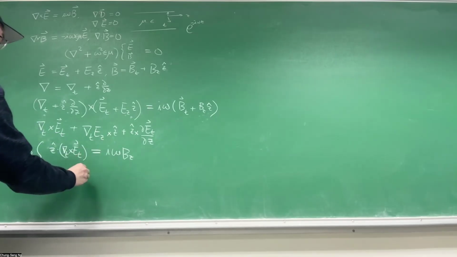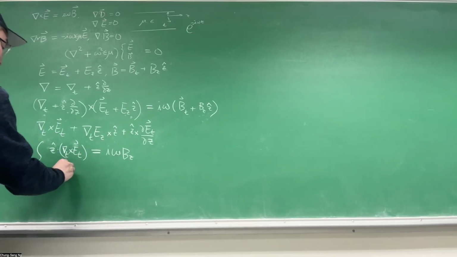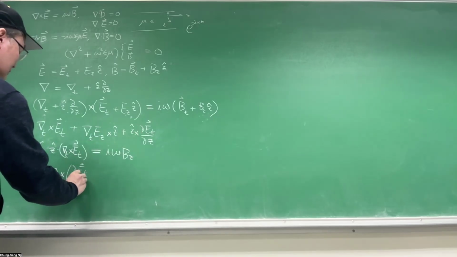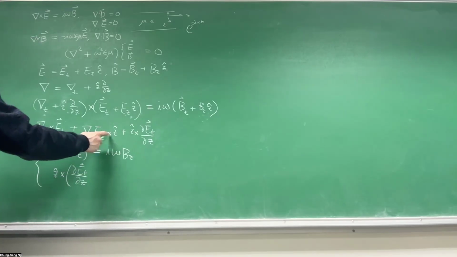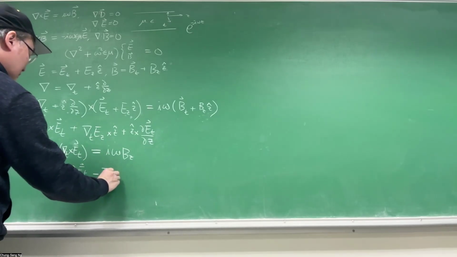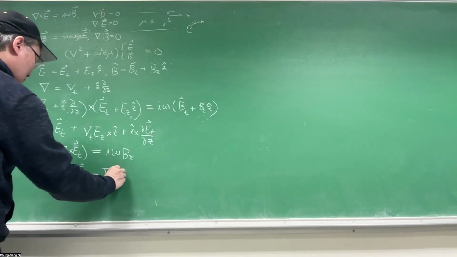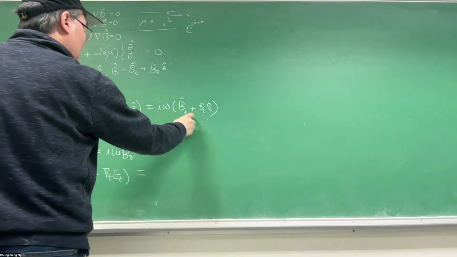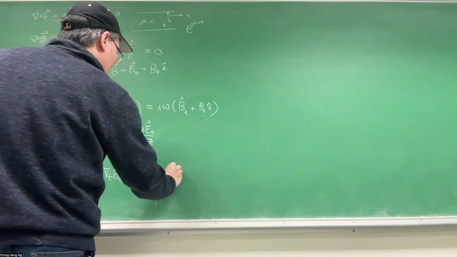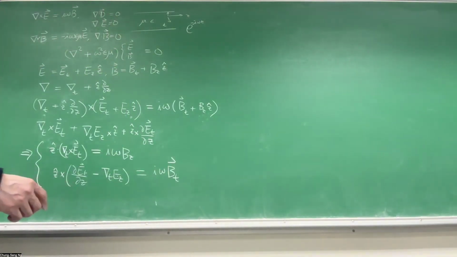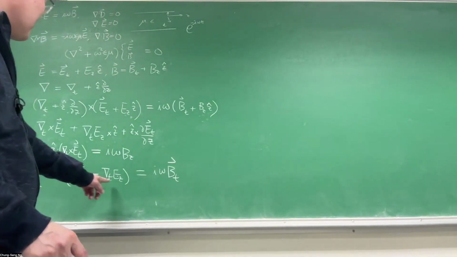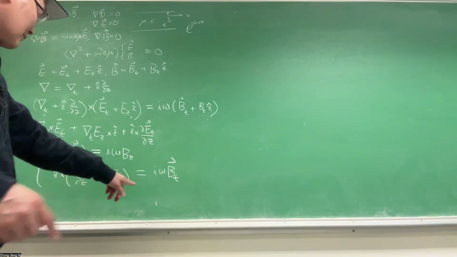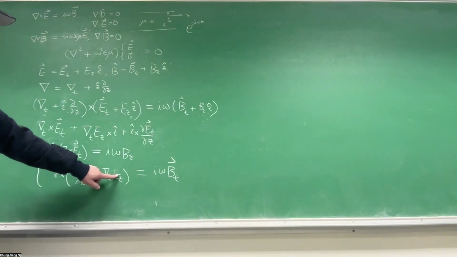Both have a z cross in them. So you have z cross into partial t partial z, and you reverse this direction, becomes minus that. And the right hand side is the transverse component i omega B_t. And the z component you want to move to the right hand side. That's because of the next step we'll do.